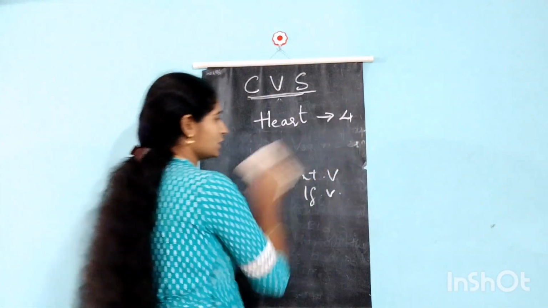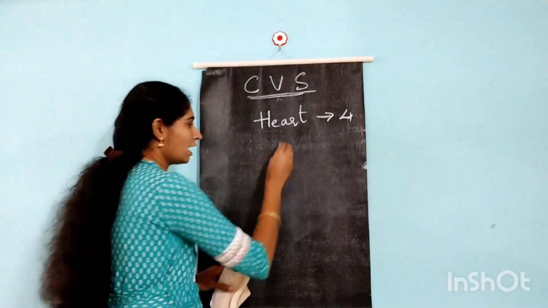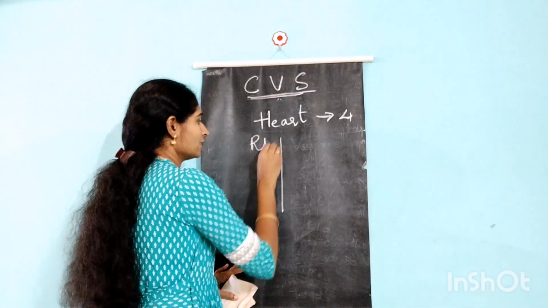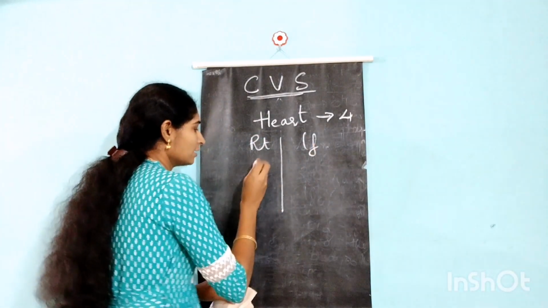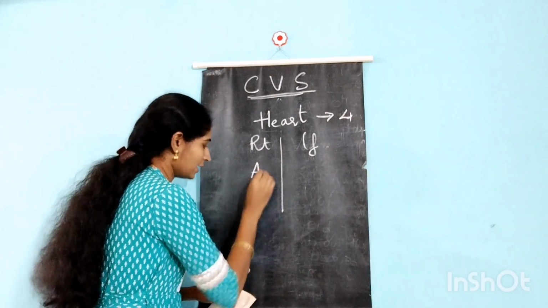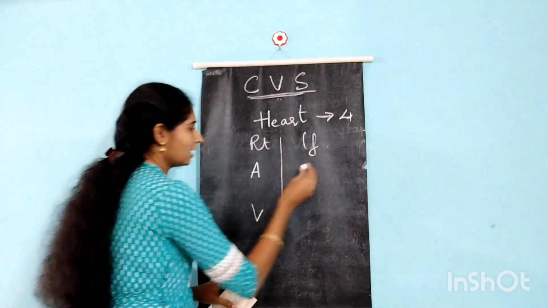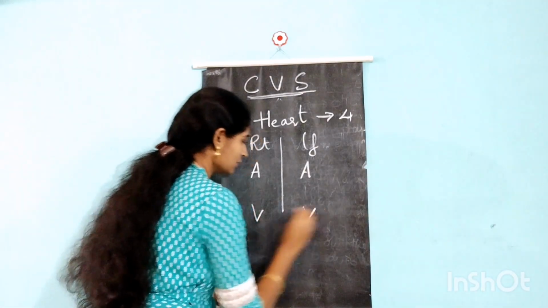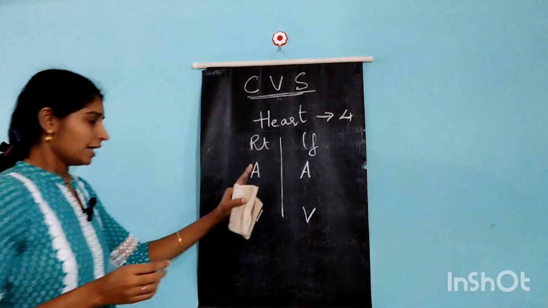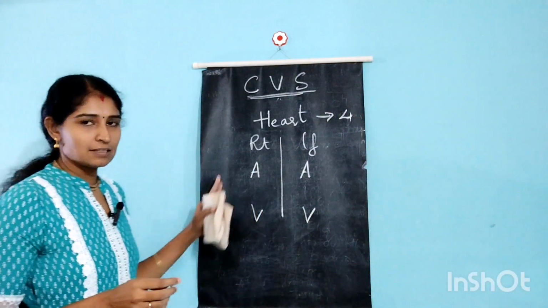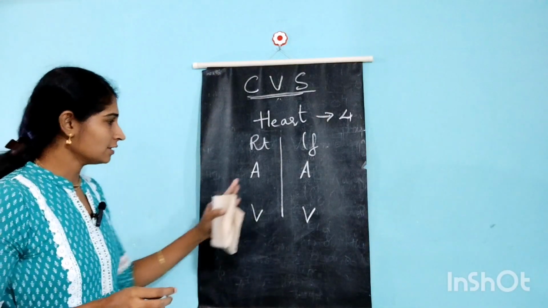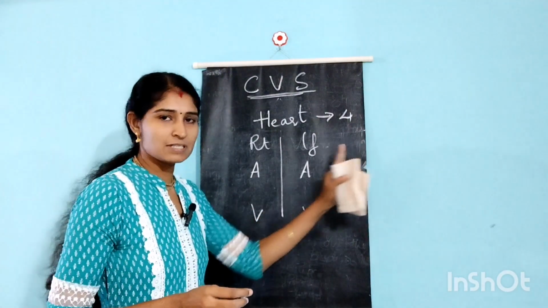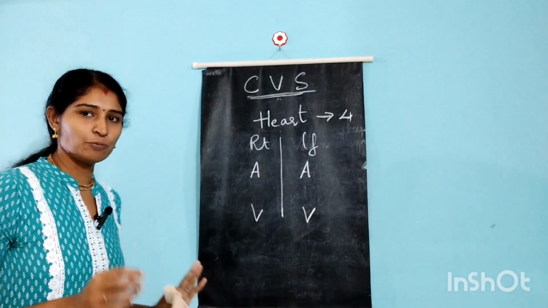To understand the chambers in detail, we will divide the heart into 2, the right side and the left side. When we divide it into 2, we get an atrium and ventricle on one side and an atrium and ventricle on the other side. The atria and ventricle on the right side are called right atria and right ventricle. The ones on the left side are called left atria and left ventricle.